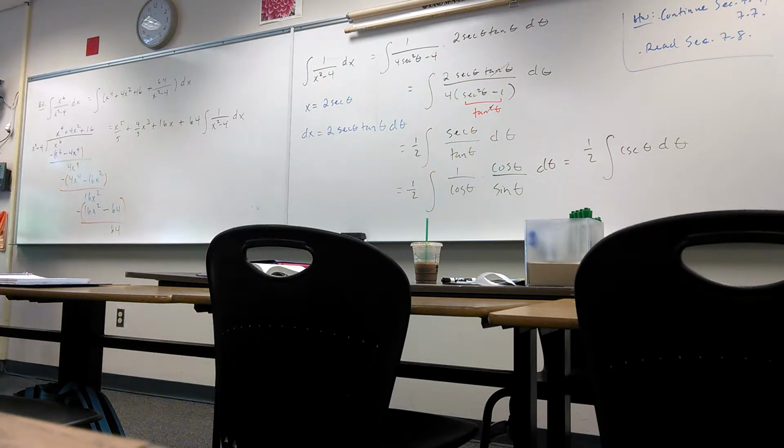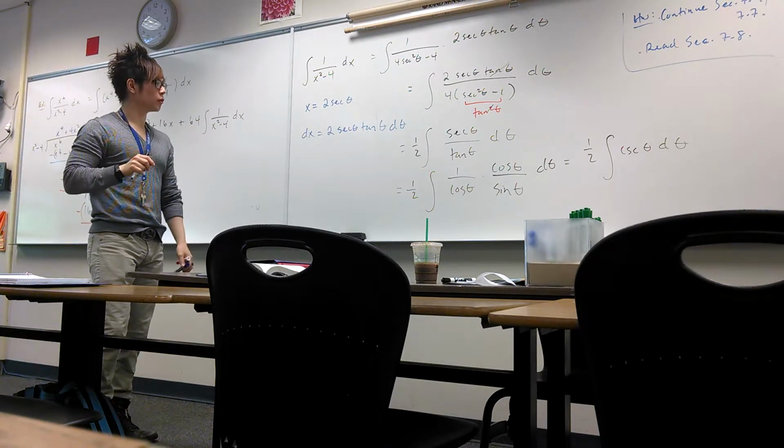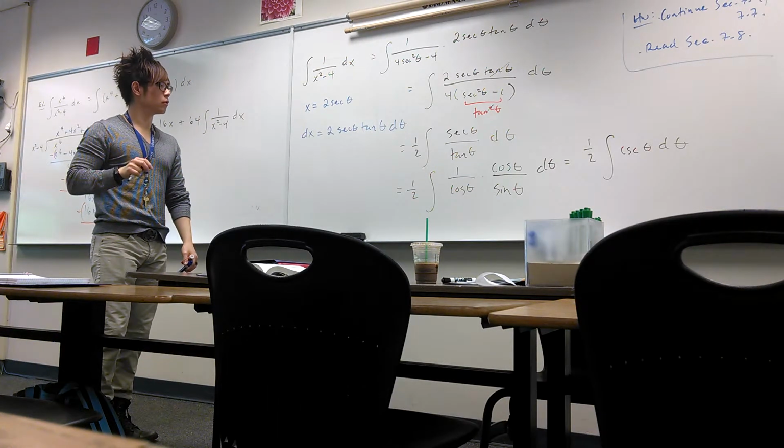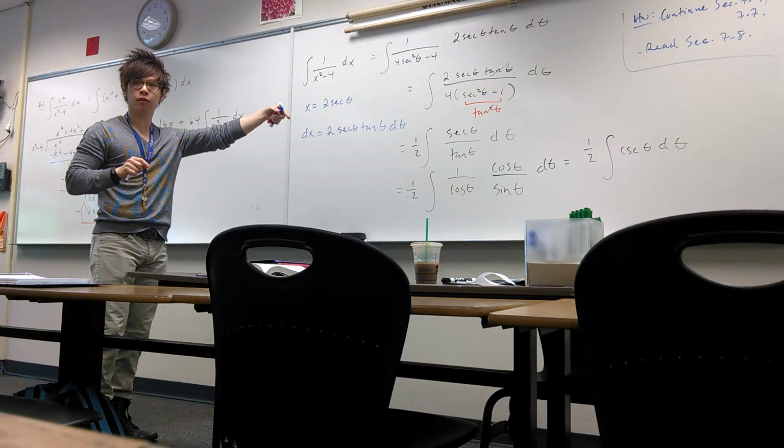So this is form number 2. It's x squared minus a squared, so the a is 2. Does that look okay?